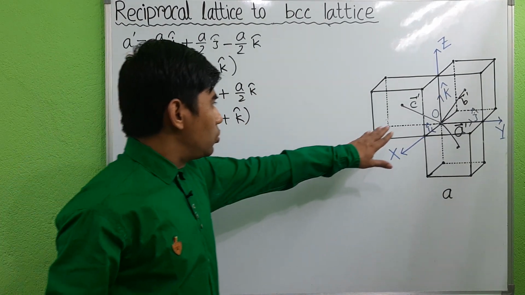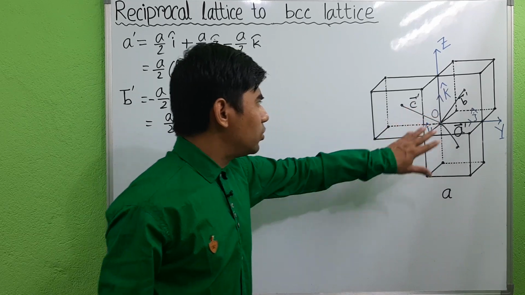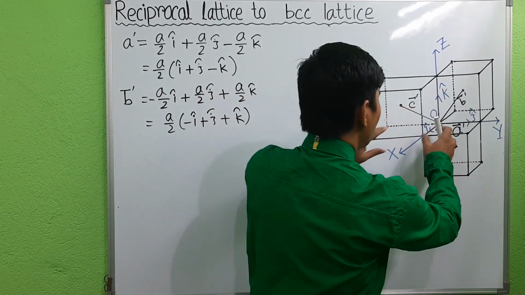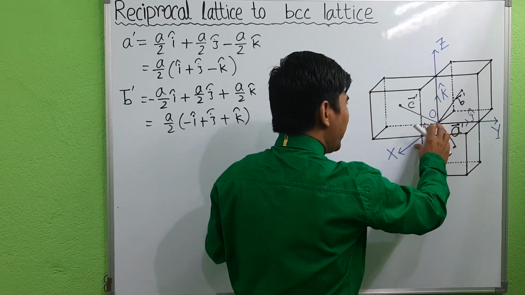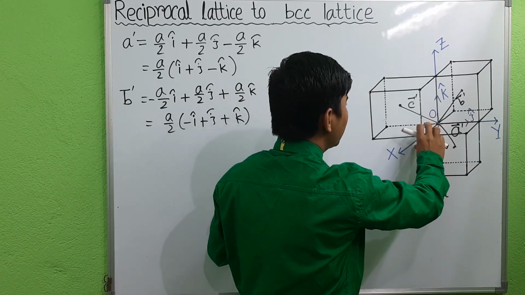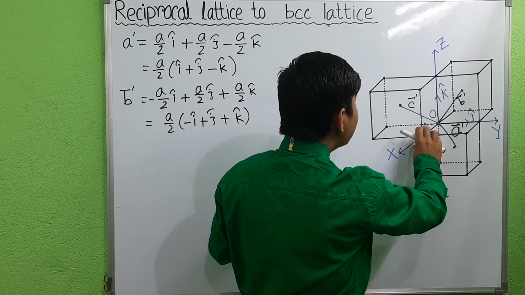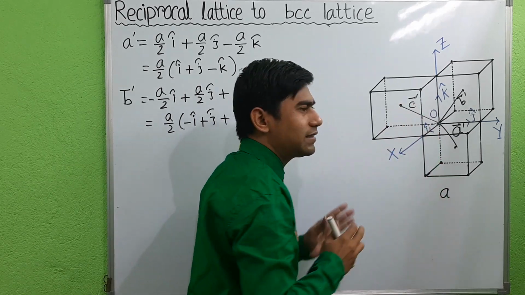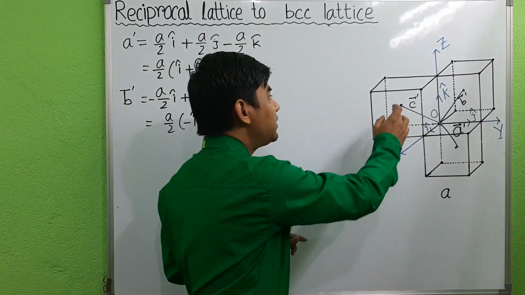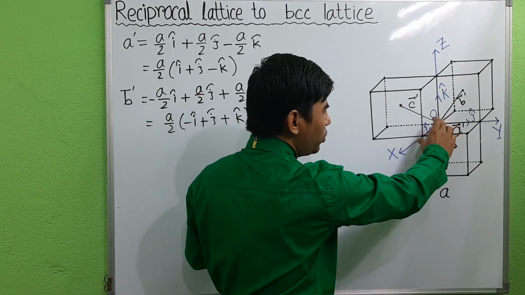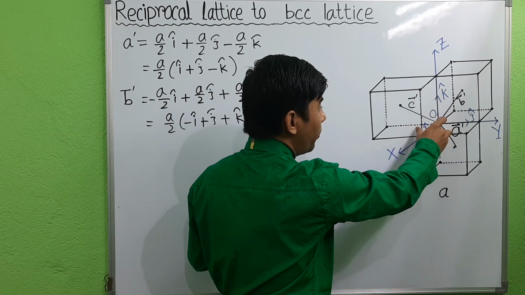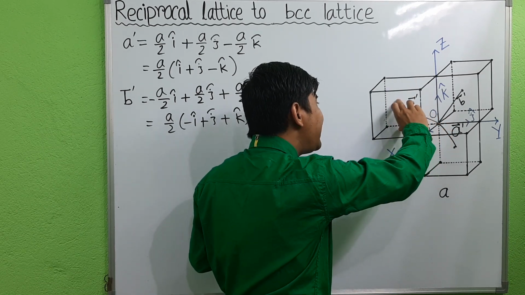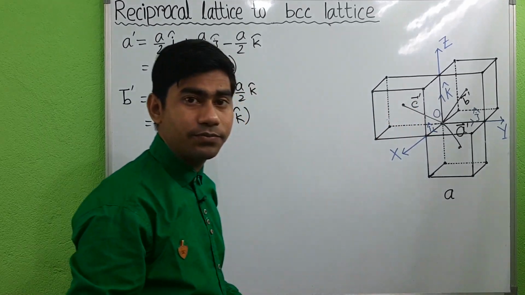Now to calculate c dash, we see that to reach this point we have to go a by 2 distance along the x axis, minus a by 2 distance along the y axis, and a by 2 distance along the z axis.